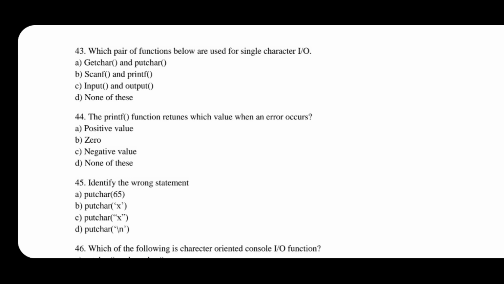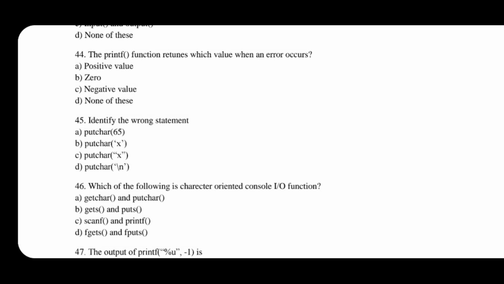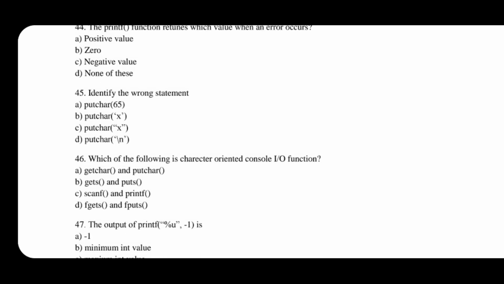Then 44, the printf function returns which value when an error occurs? So a negative value is returned when an error occurs. Now question number 45, identify the wrong statement. If you observe carefully here, putchar is used for a single character, and a single character is represented in single quotes.